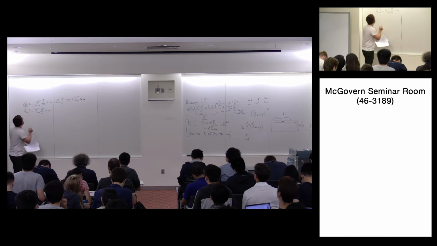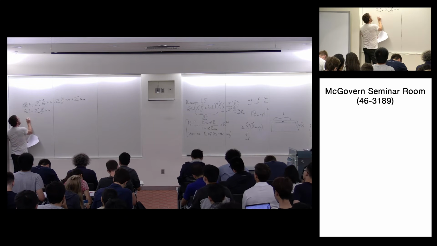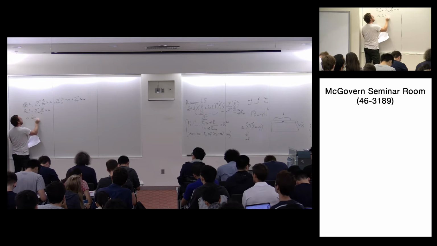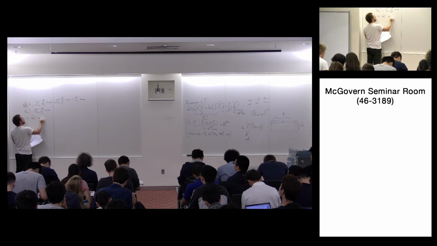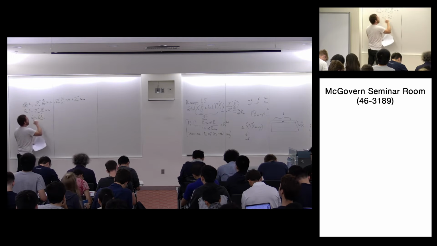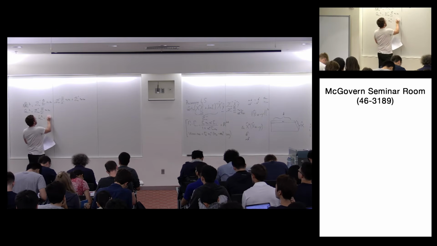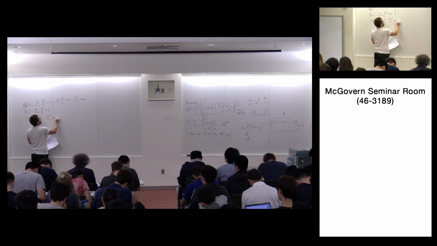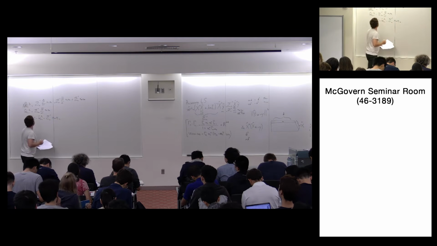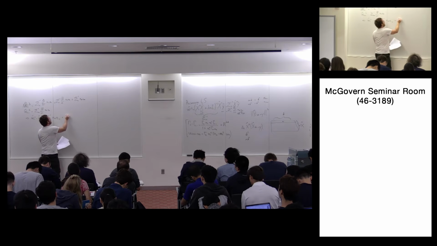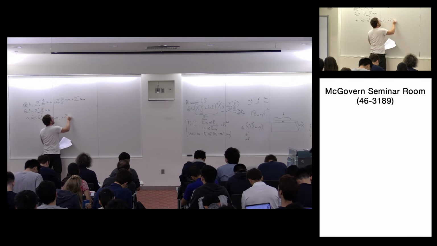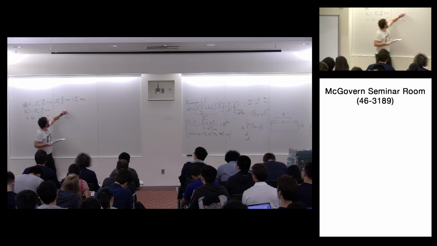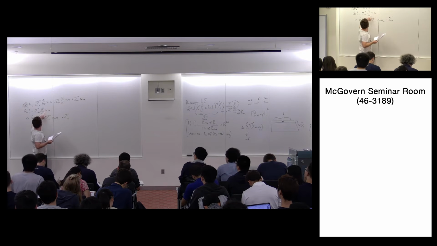Which means that we can write w hat n lambda minus 1 is equal to... okay, then I have, so I wrote this one first, and then I have this minus this.